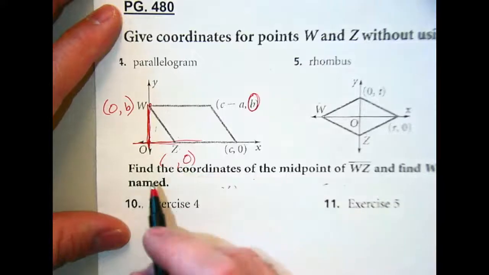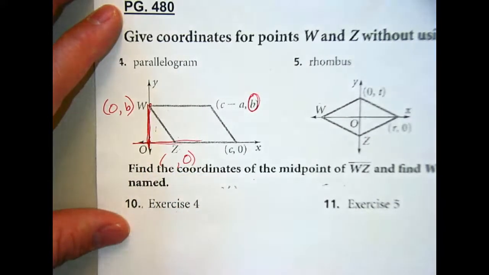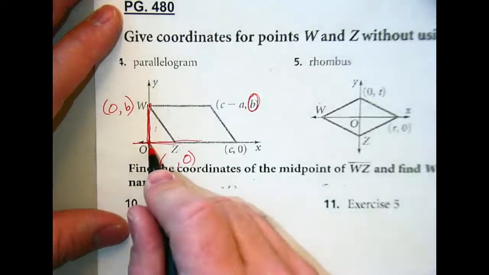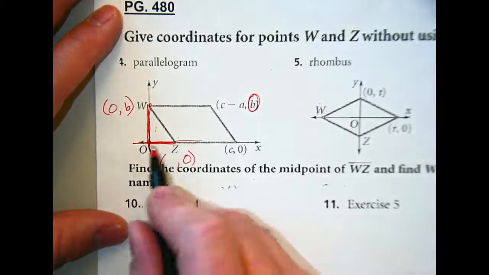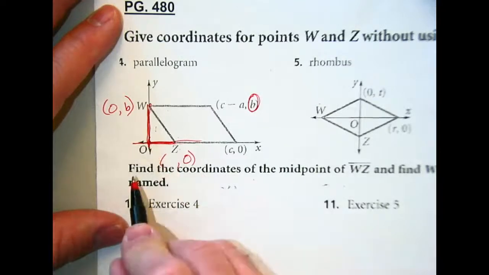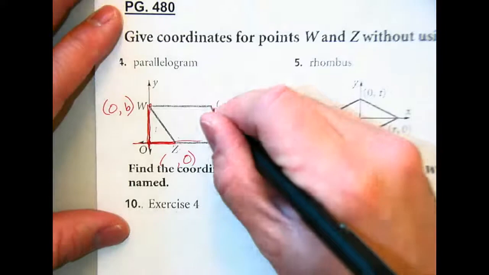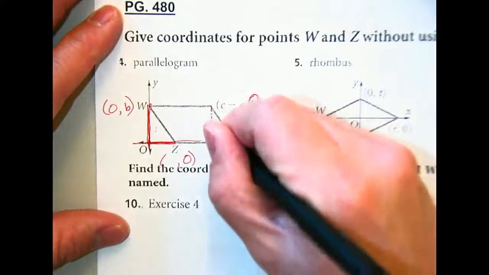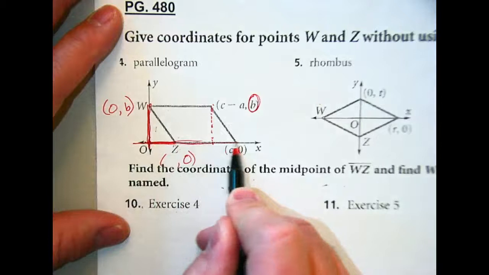Yeah, Chase? To find the distance that's away from W, would that be C minus A? Are you figuring out your x coordinate? Yeah. It would be C minus A. So notice this length right here. From here to here, we're traveling how far? C. And then we have to go back how far?